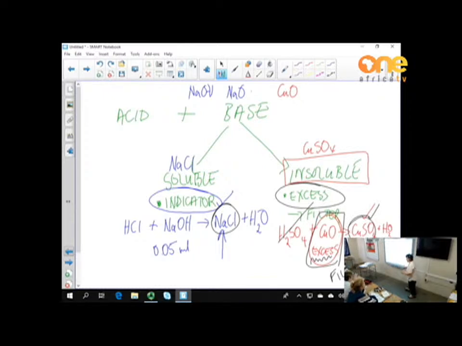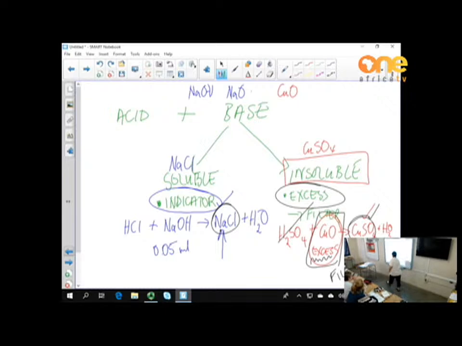The difference was that in one my base was soluble and in the other my base was insoluble. But the salt that we made was soluble. Now, the salt that we are going to make is insoluble.